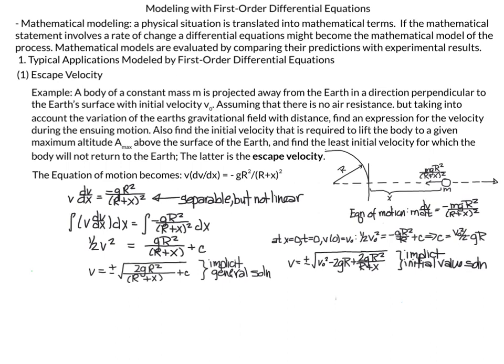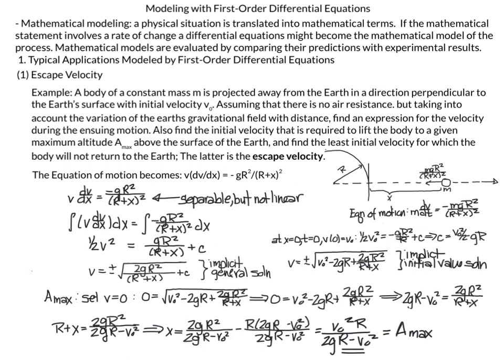So I have all of this summarized here: my differential equation, how I integrated both sides, how I got my implicit general solution, and then how I plugged in x equals 0 and v equals v naught to get my implicit initial value solution. So now I can continue with A max.